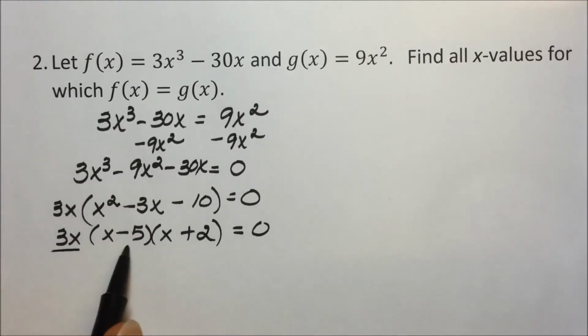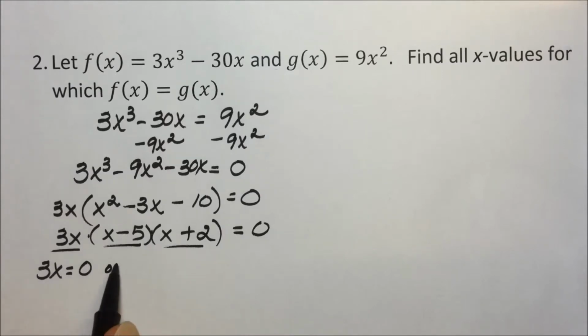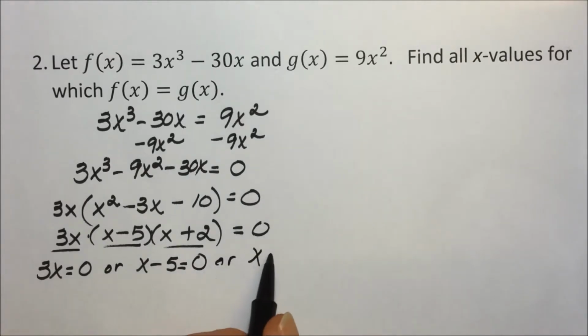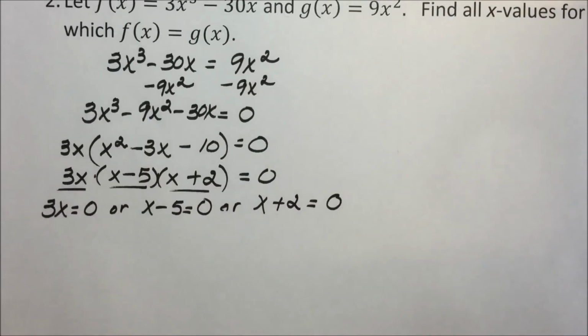We now have a product of three things multiplied together to equal 0. Either 3x is equal to 0, or x minus 5 equals 0, or the possibility that the last factor, x plus 2, equals 0.